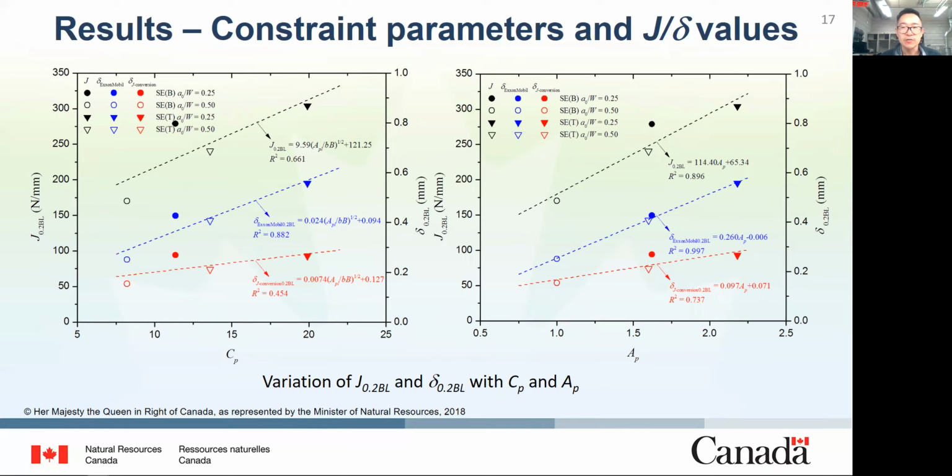We can see that in general, all the constraint parameters are able to construct a master curve and correlate with J and CDOD values. From the above, AP was found to have the most promising trend in terms of correlating the material's toughness to constraint level for the currently tested specimens.